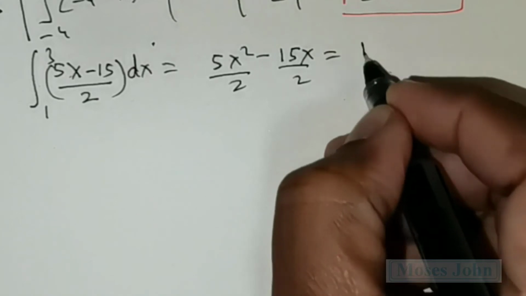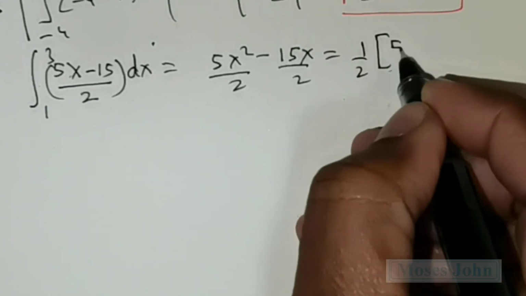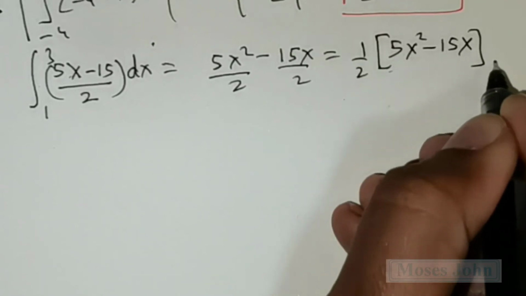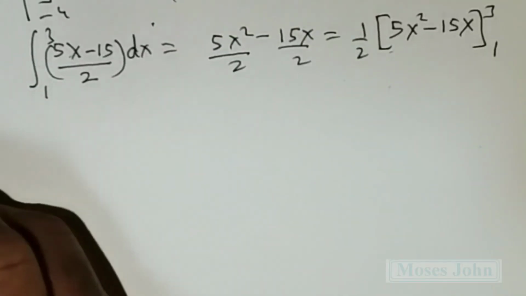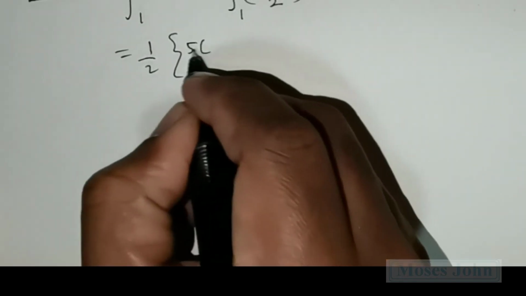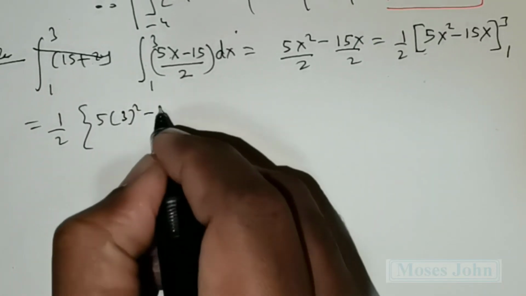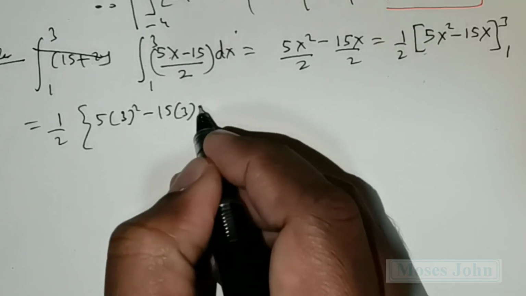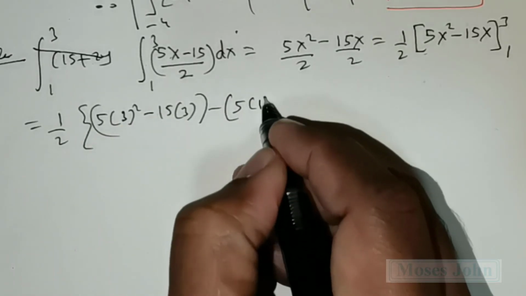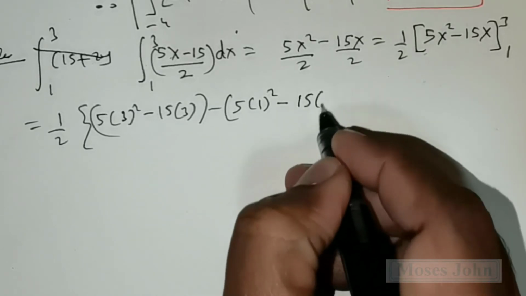I can rewrite this as 1/2 times (5x² − 15x). The limits are 1 to 3. So applying the limits, 1 over 2, I apply the upper limit, 5(3²) − 15(3), followed by a negative sign, the lower limit, 5(1²) − 15(1).